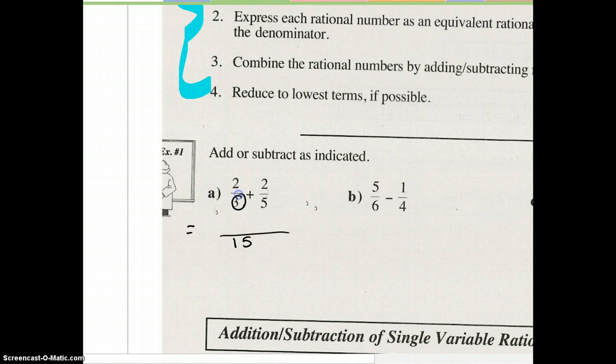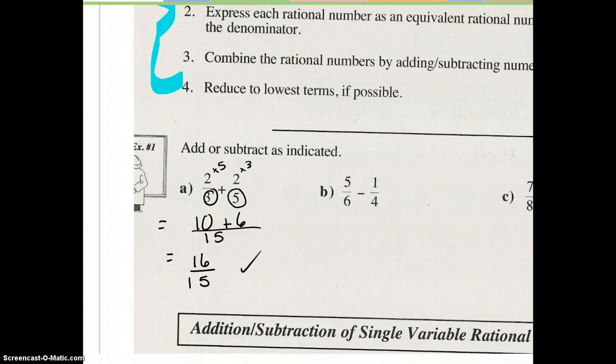What do I have to multiply it by to get 15? That would be 5. So then I would multiply the top by 5, and I would get 10. The same thing over here. What do I multiply 5 by to get 15? That'd be 3. I multiply by 3 and I get 6. So when I add the two together, I end up with 16 over 15. I like improper fractions. We can leave it just the way it is.